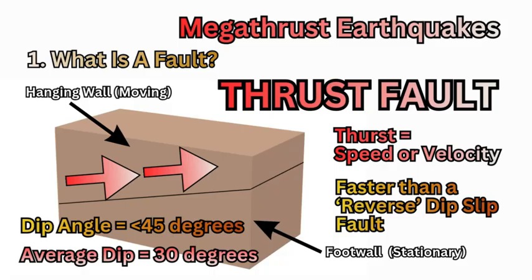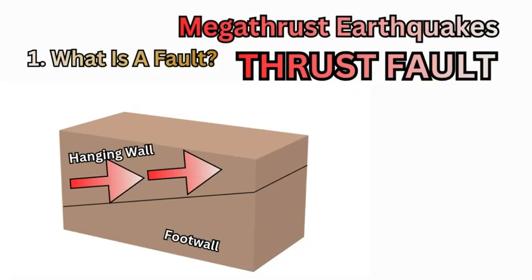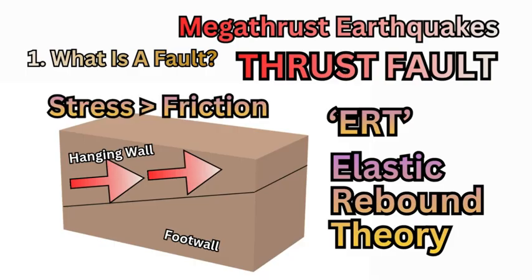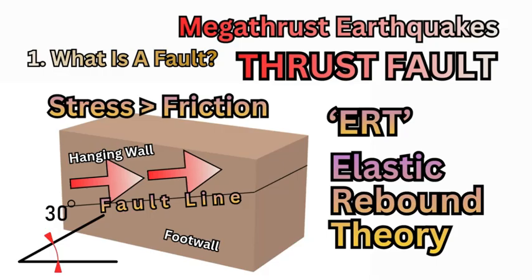Our current understanding of megathrust earthquakes is that they occur along thrust faults and operate within the elastic rebound theory, which is our current understanding of how earthquakes operate, including the foreshock, main shock, and aftershocks, and the buildup of stress and strain within the rock along the fault line, and a battle between stress, strain, deformation, and friction between the two parts of the fault, the hanging wall and the footwall, in this case with the dip angle being around 30 degrees and definitely less than 45 degrees.